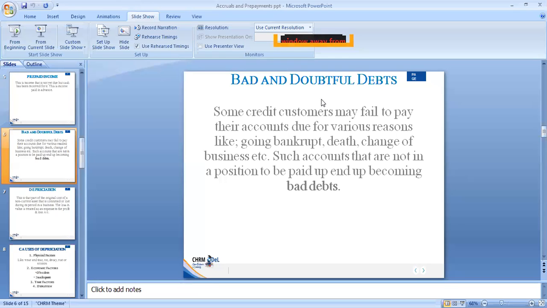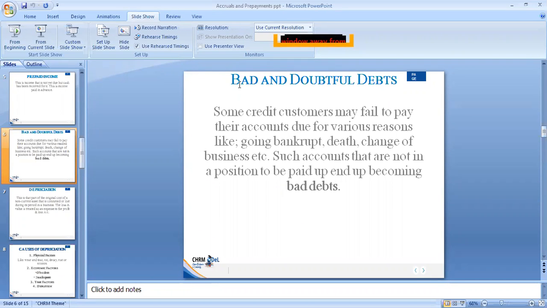Some debtors may fail to pay the business the amount they are supposed to pay. So here, those debts that we have confirmed are not going to be recoverable from our customers who are debtors are normally considered as bad debts.